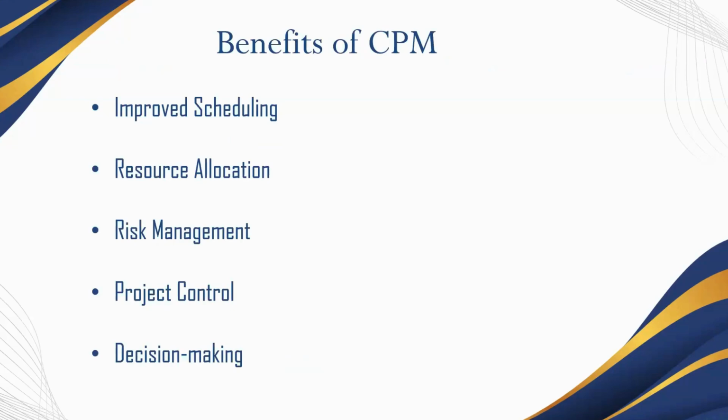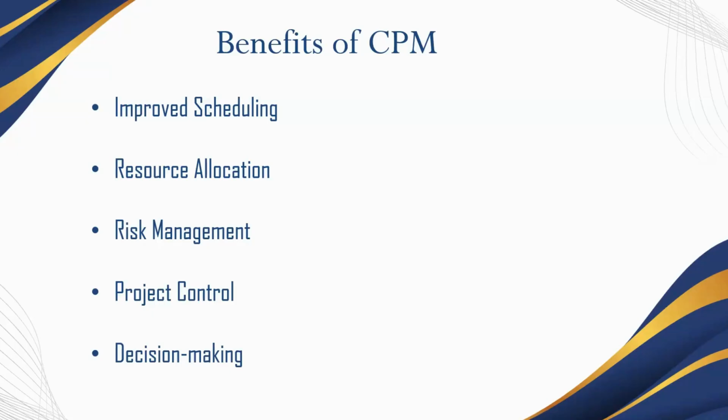Benefits of CPM. First is improved scheduling. CPM provides a timeline for the project tasks, helping a manager to schedule activities effectively. Resource allocation. It helps identify the resource needs and allocate them optimally to the critical tasks. Risk management.